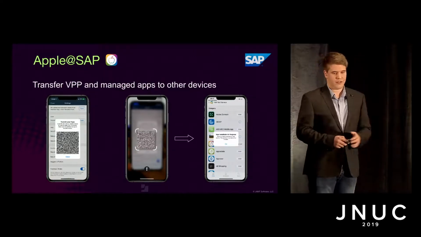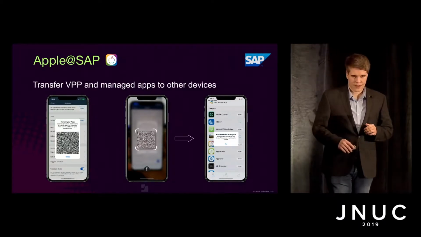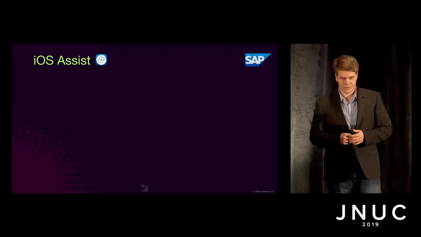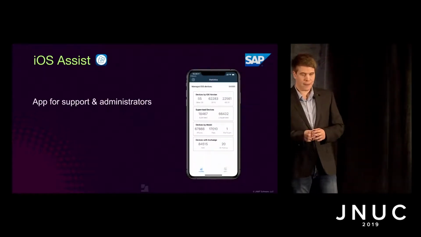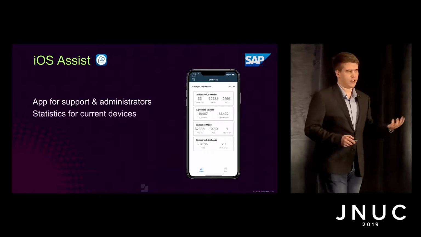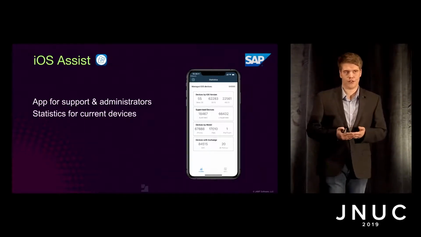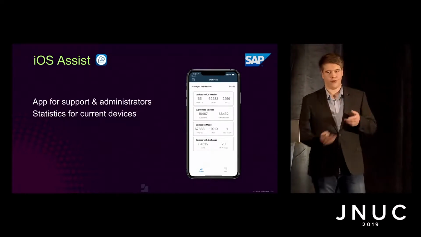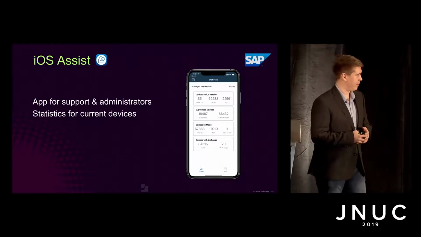So, and this is all done by the Jamf Pro API, but it's even more powerful. We have another app, and it's called the iOS Assist app. This is an app actually for support and administrators for Jamf Pro, and it shows you current statistics of our managed devices. So you can see how many devices we manage, and how many iPhones, iPads, tvOS, or iPods, for example.